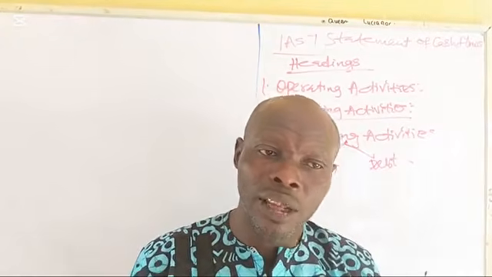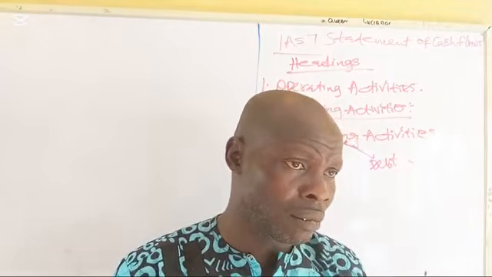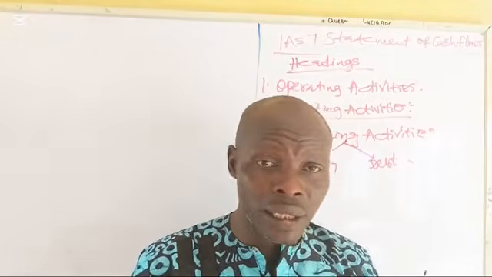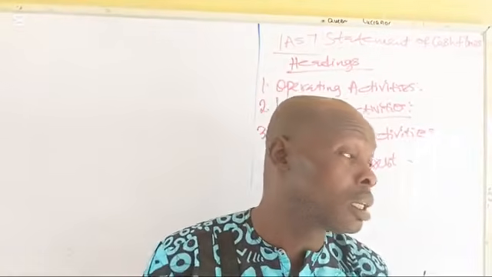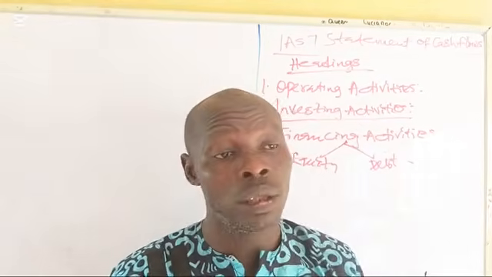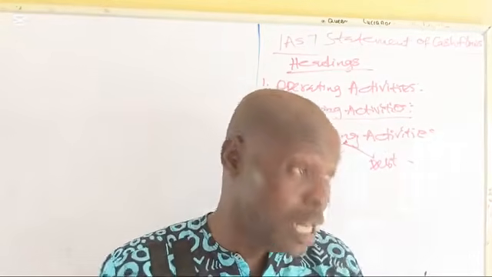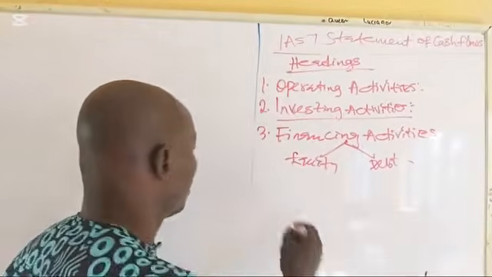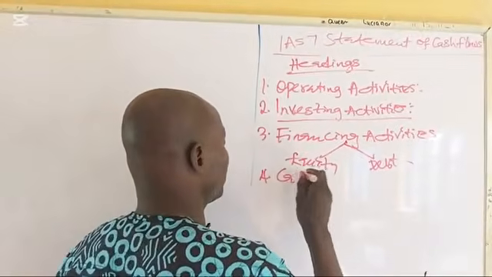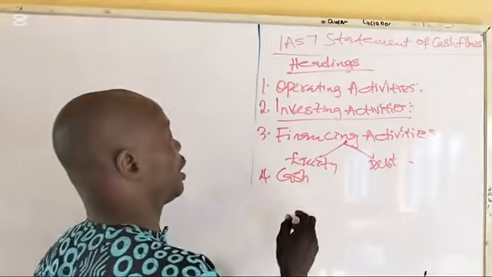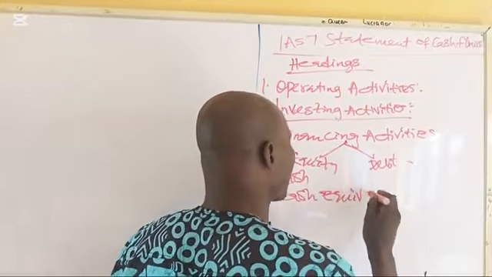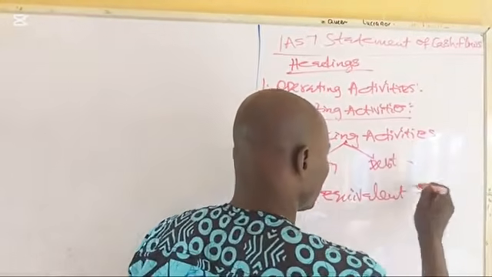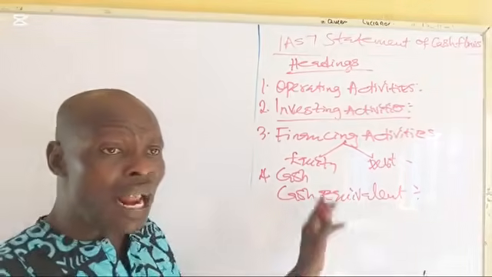So the fourth heading is cash and cash equivalent. But most books did not take this as a heading. What is cash?